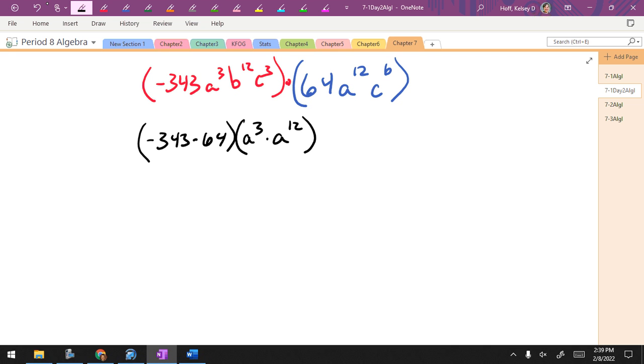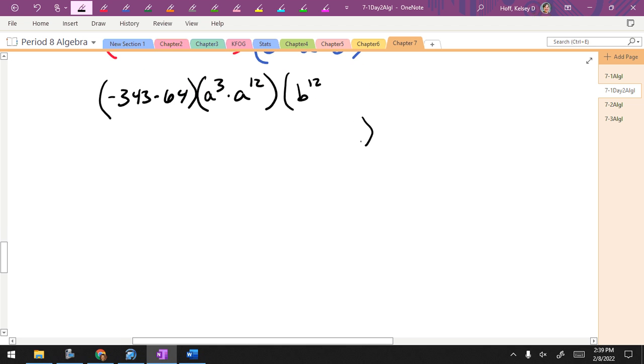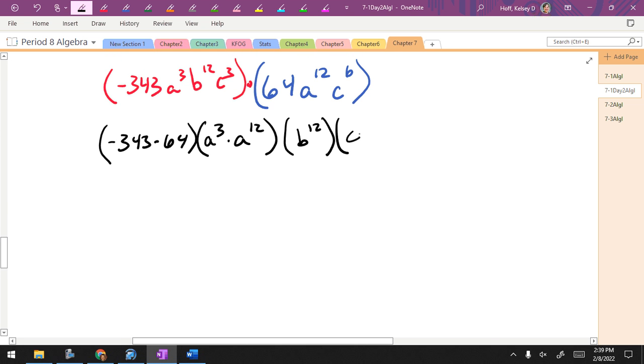Then nothing to go with B to the 12th. Then C to the third and C to the 6th. And when I'm multiplying, what am I actually doing to those exponents? I'm adding them.